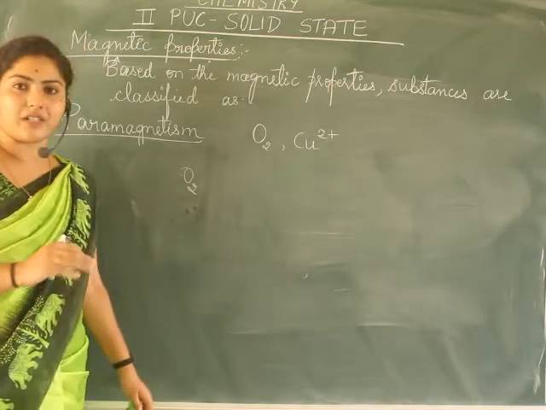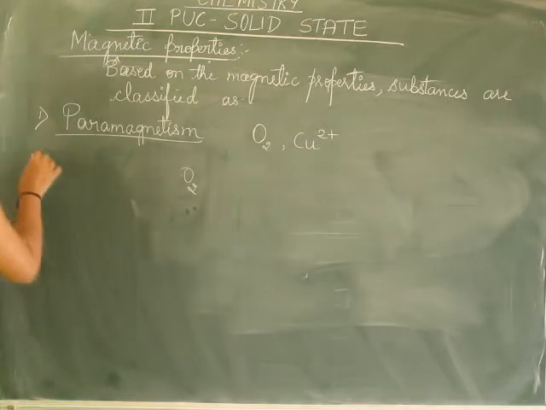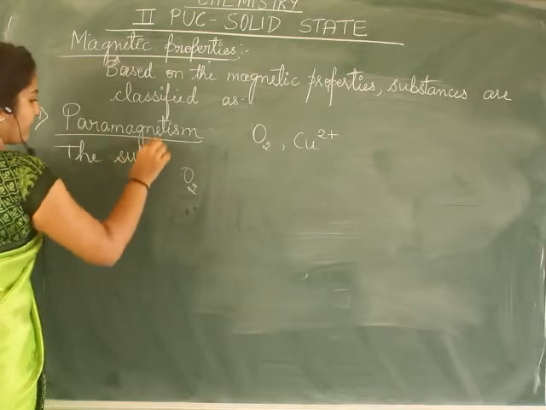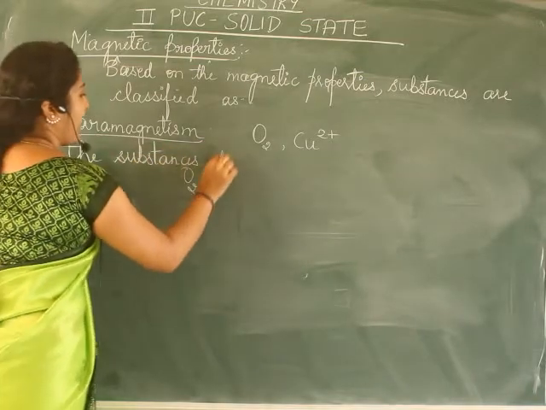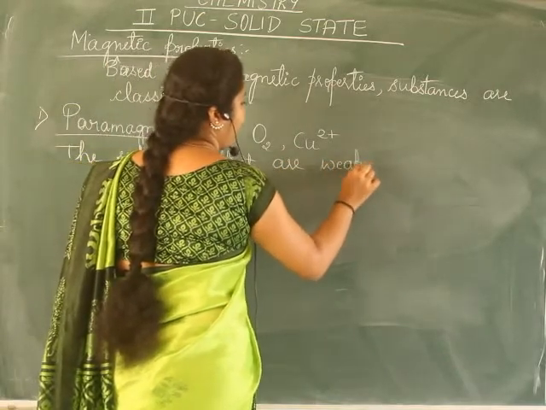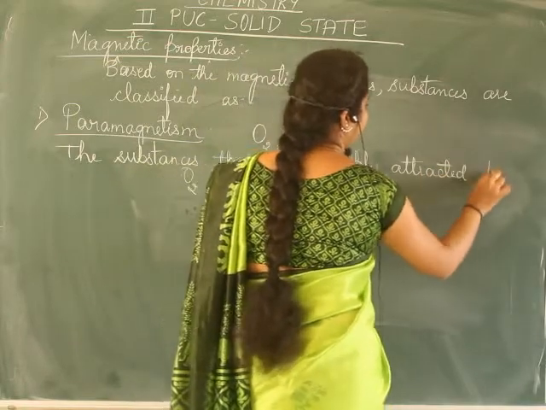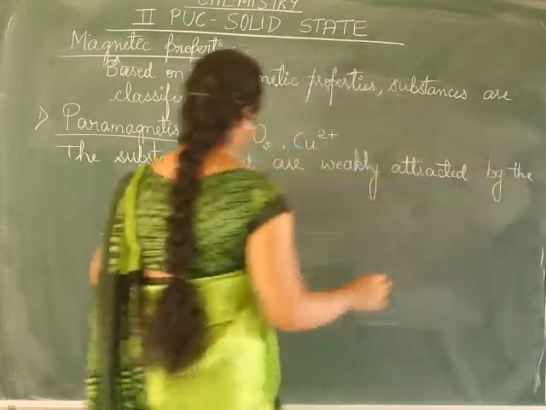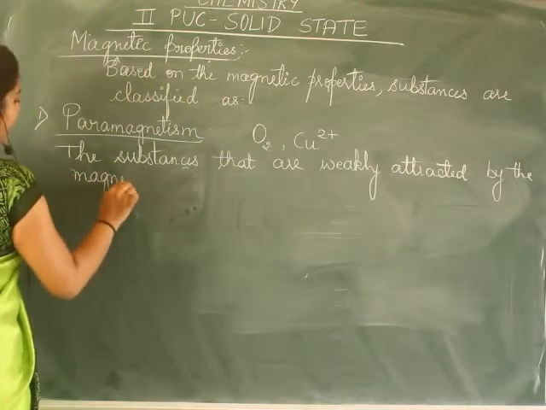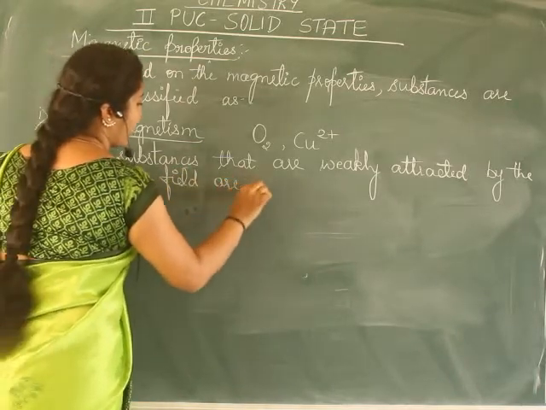Once you remove the magnetic field, it loses its magnetism. So the definition is: the substances that are weakly attracted by the magnetic field are called paramagnetic substances.